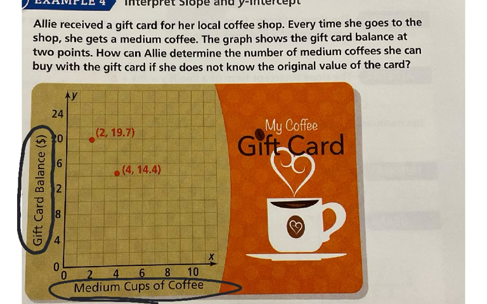So we're trying to figure out the number of coffees she can get. So we really are looking for how long it is before she has 0 money on her gift card, right? Let me just show you this.